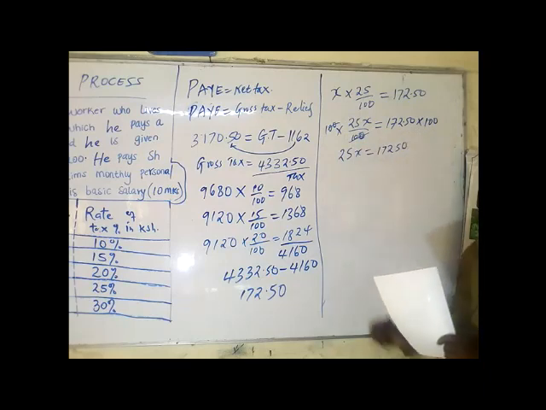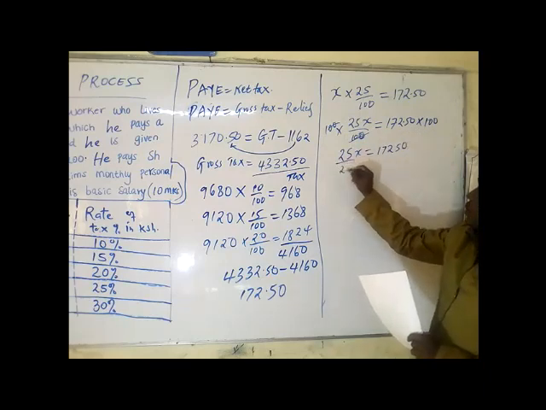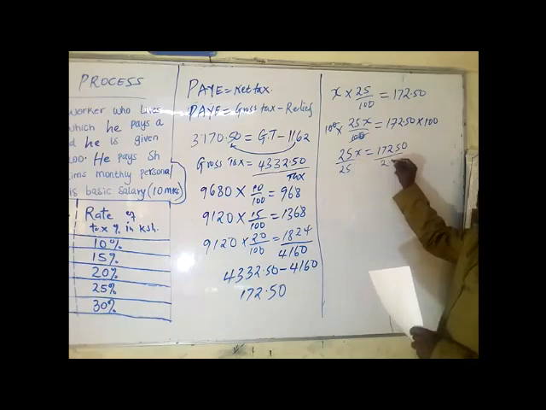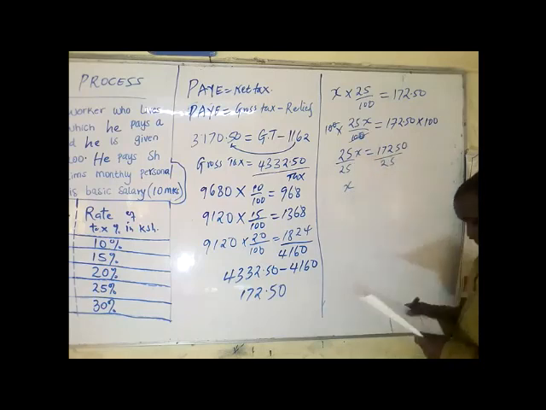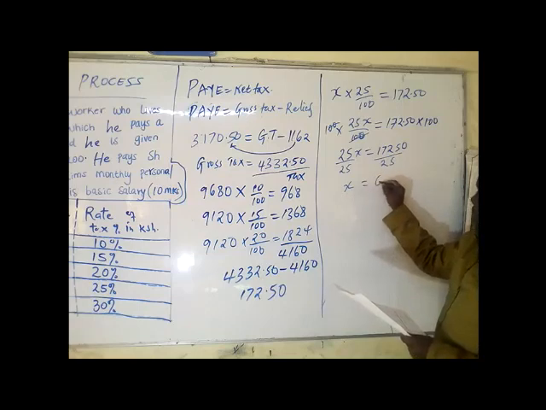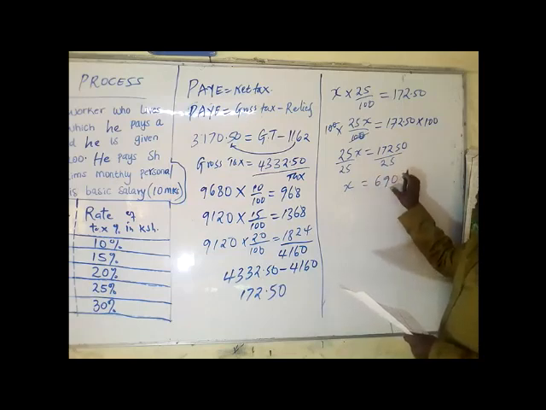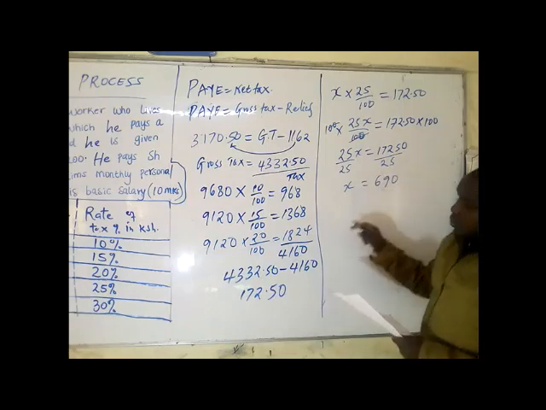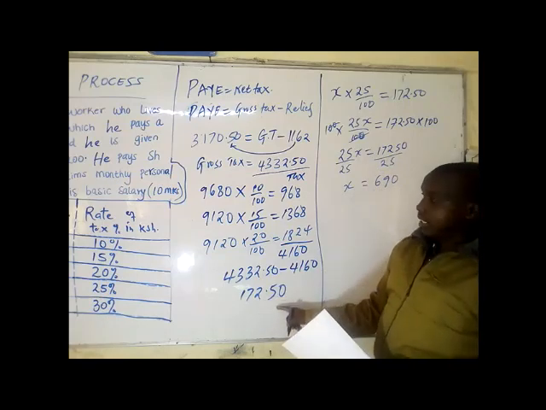We divide both sides by 25 because we want the value of x, and x is equal to 690. So this is our taxable income that generated this tax.